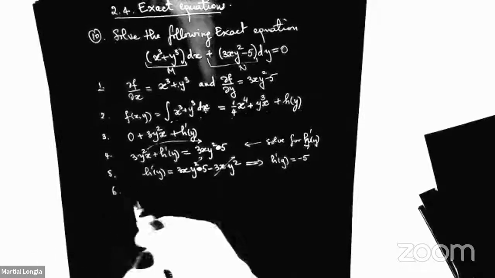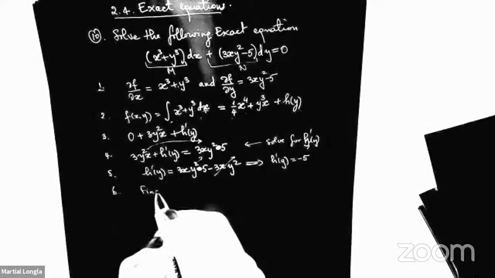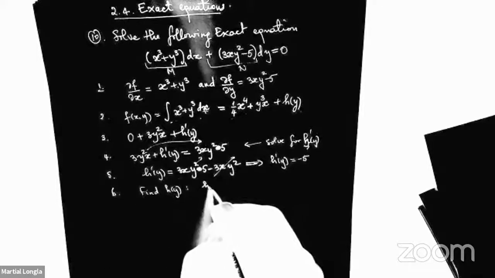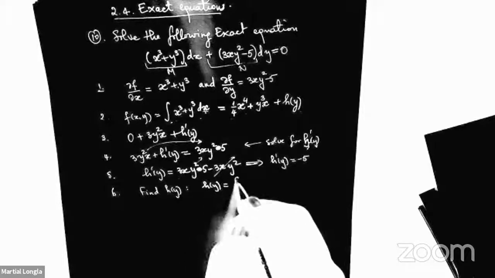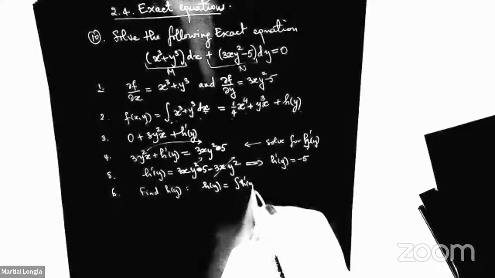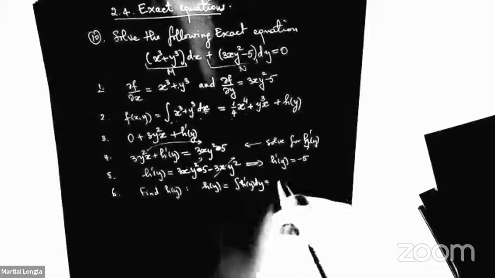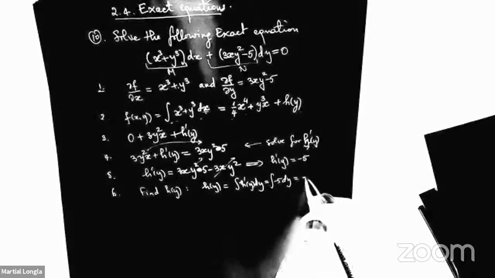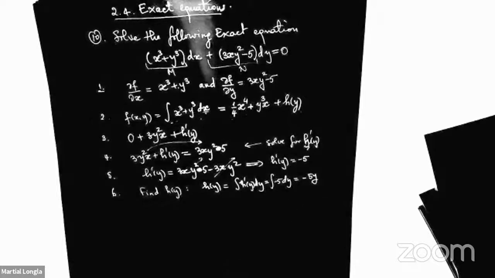And then the next step says you have to find h of y, which is obtained by integrating. h of y is the integral of h prime of y dy, and h prime of y is -5. So that's -5y.